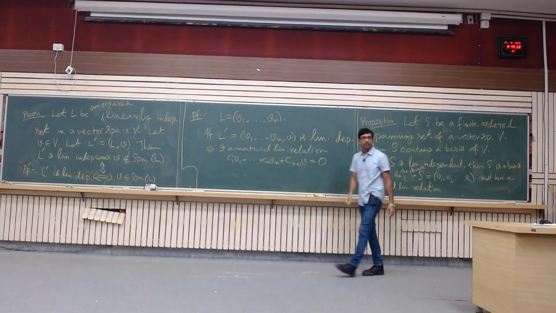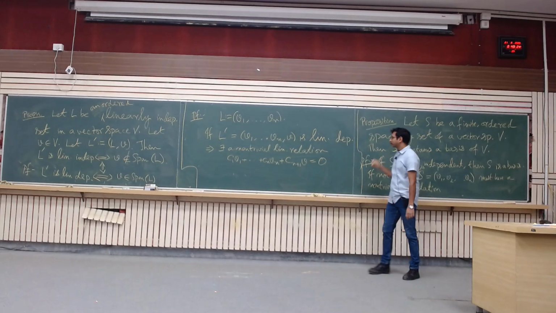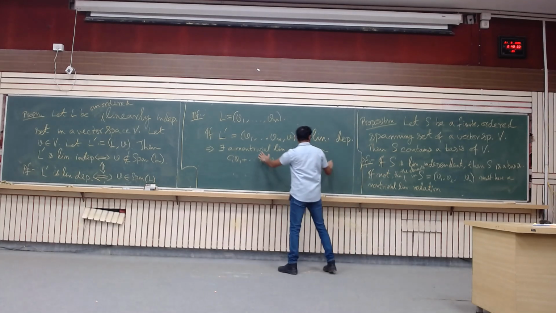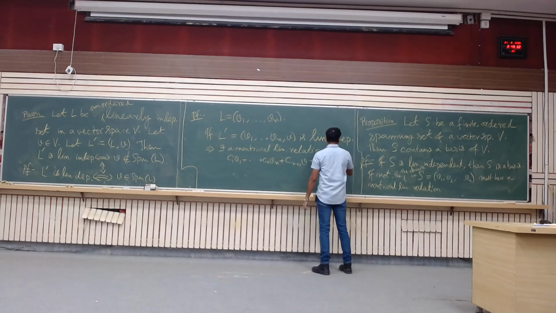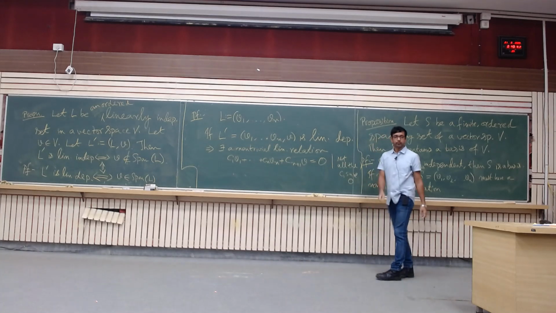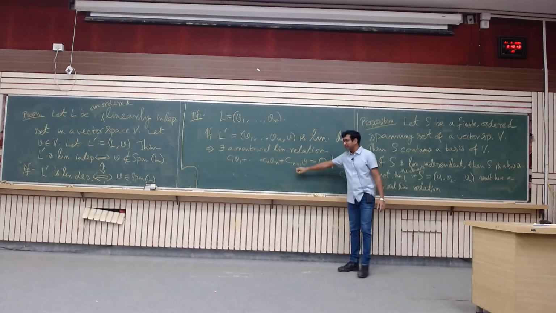Okay, non-trivial just means that not all the ci's are 0. Now, is it possible that the last one is 0?